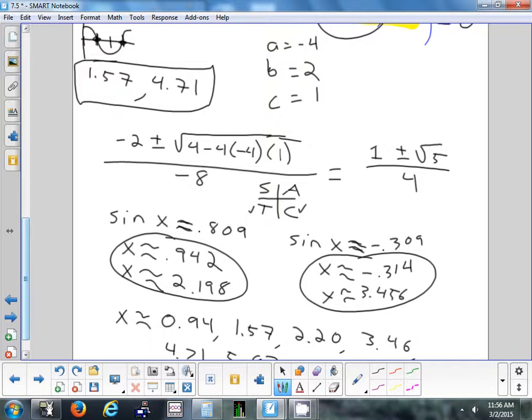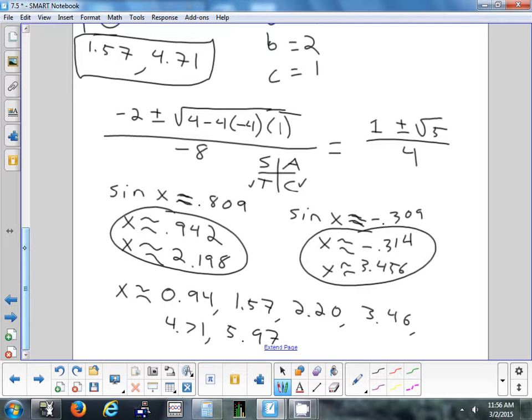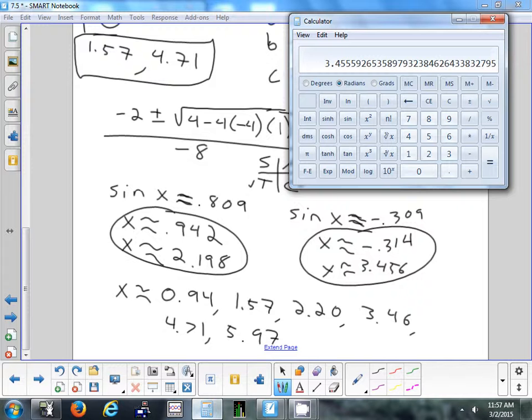Okay, and I wrote the answers the book got. Let's just make sure we get the right one. So 0.94, we got that one. 1.57, we got that one. 2.2, yep, we got that. The book rounded the last one to 3.46, that's fine. 4.71, we got that. And 5.97. Well, we got negative 0.314. I would accept both.